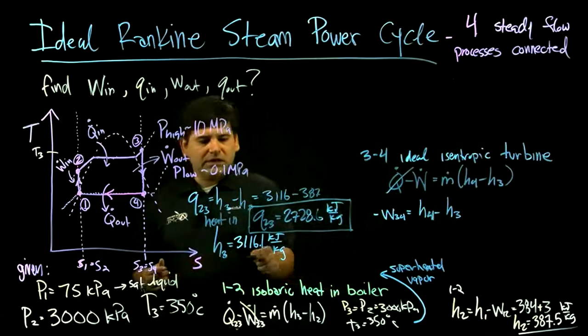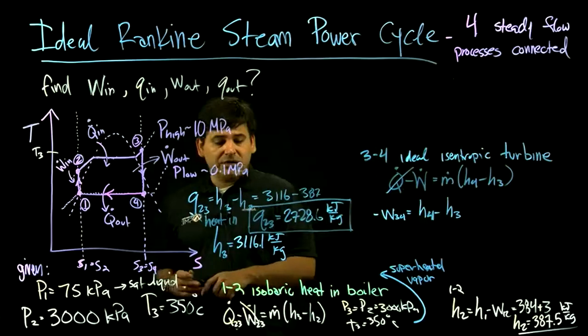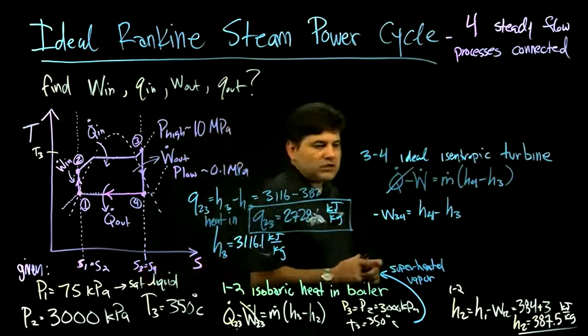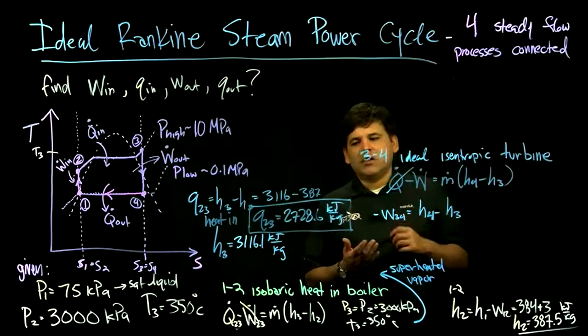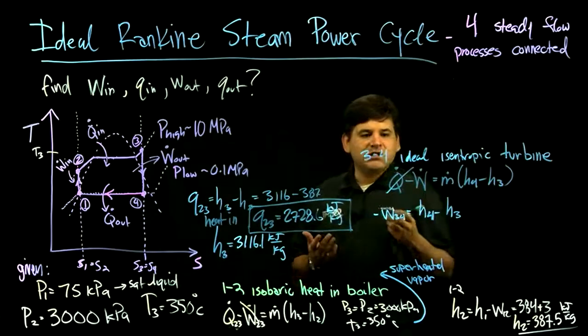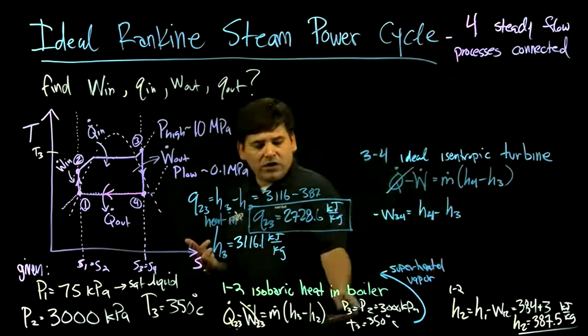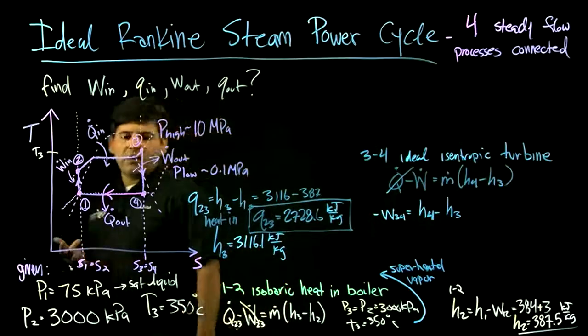We know H3, we found it in this analysis from the steam tables, since P3 and P2 are given. That's good. So now all we need is H4. What do we have to go on? We know T3, which we already used.